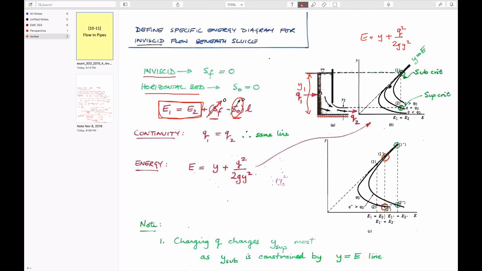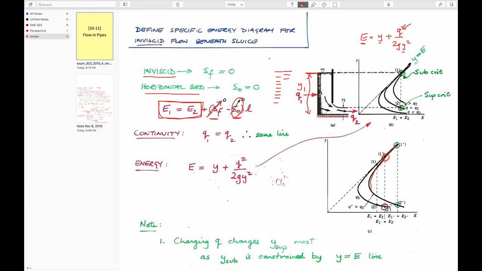So if you were to draw an energy versus depth curve by putting the depth equal to a series of depths upstream, starting off with this one, which is whatever it is, and then going progressively shorter, and calculating the value of this expression as a function of changing the values of y for a given flow rate, you'd end up with a curve that looks like one of these.